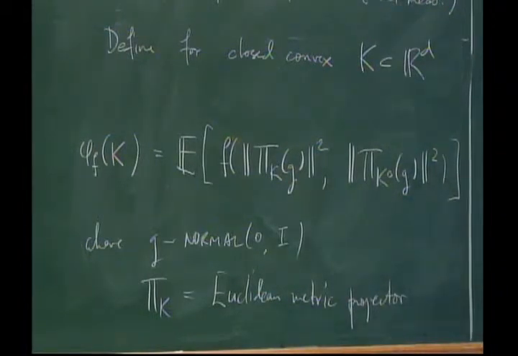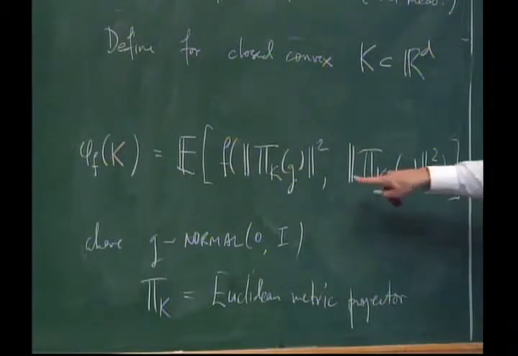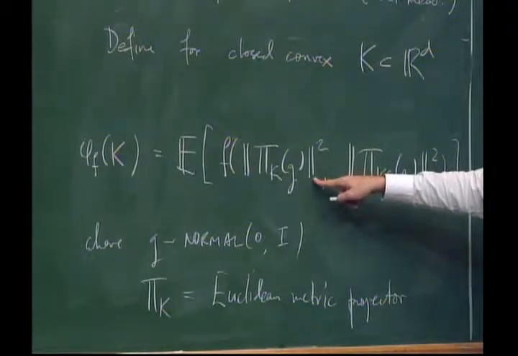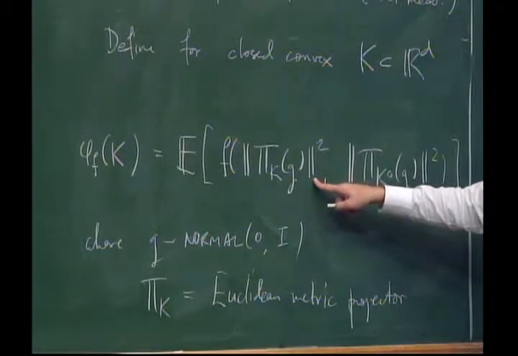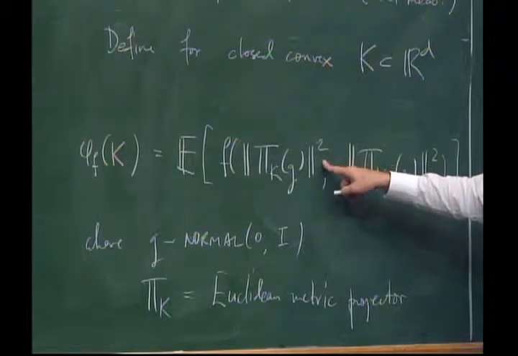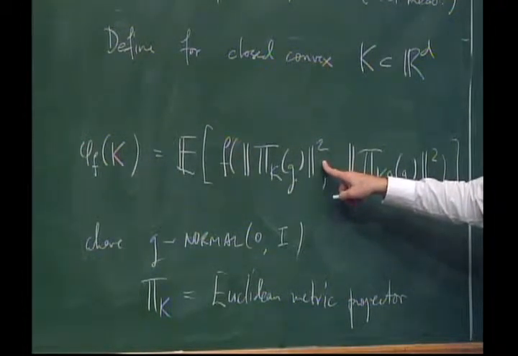Okay. So this tells us something about the average of functions over the faces of the cone. So remember that when we project this Gaussian onto the cone, sometimes it's going to land on some kinds of faces, other times it's going to land on other types of faces, and the size of the projection roughly is going to depend on the dimension of the face we landed on.